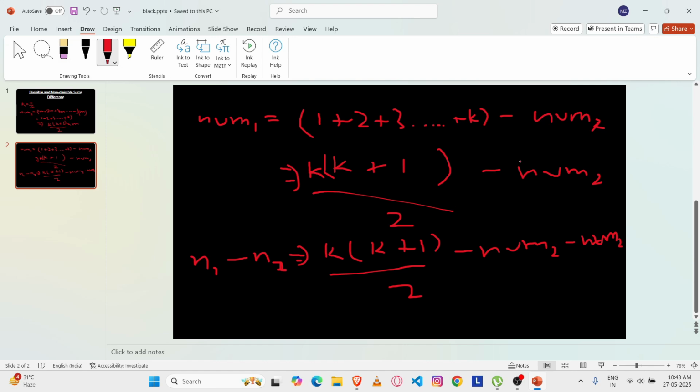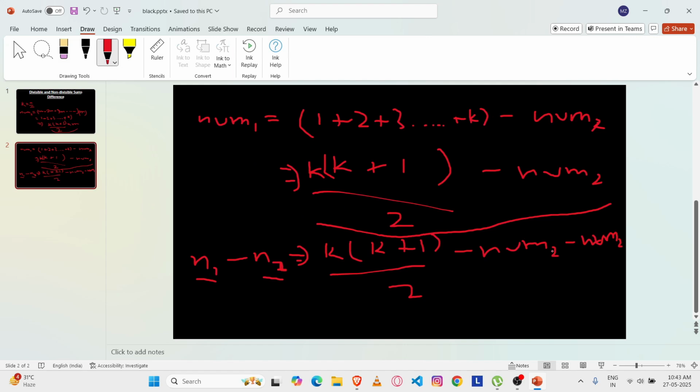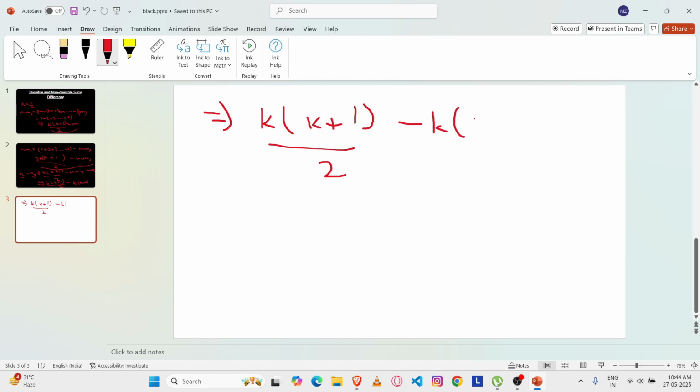You can see that this comes from the whole of this, and this comes from the whole of this. Now the basic formula that we are going to use is n into n plus 1 upon 2 minus k into k plus 1, multiplied by m.